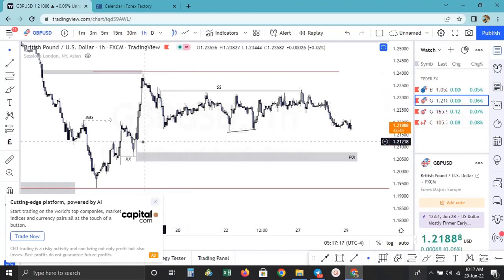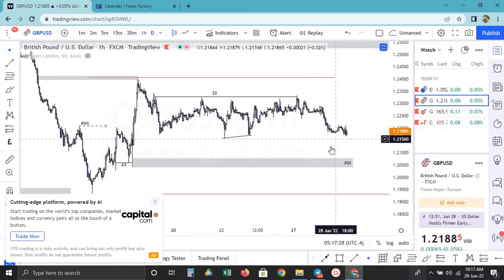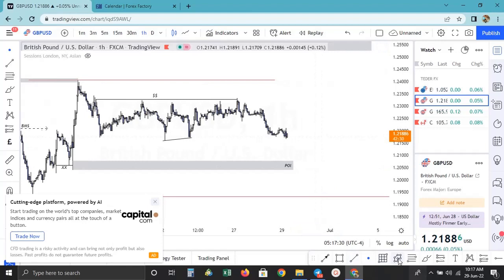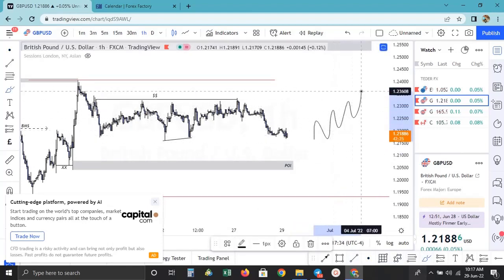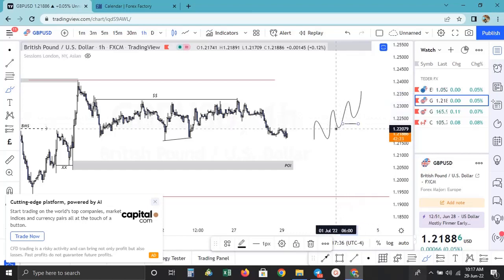So I'm always interested in going with the overall bias of the market. Market is trading bullish on the 1 hour time frame. That is the only thing I will be looking forward to. I'll only be looking at higher lows, buying below the low.